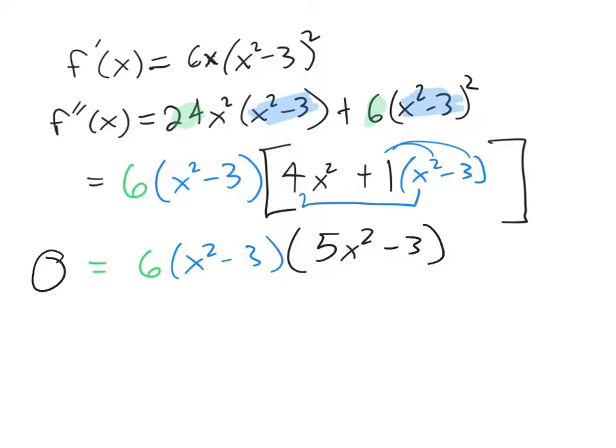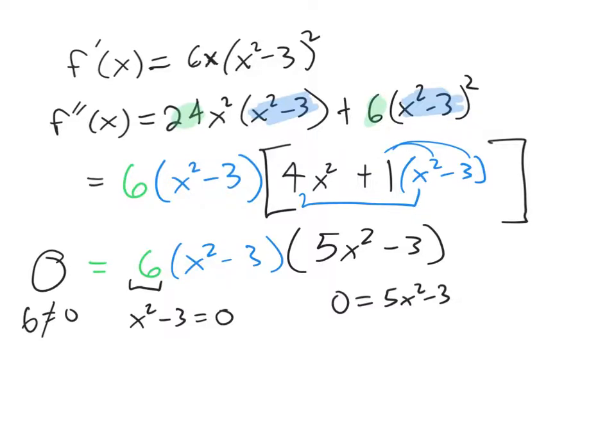All right, so let's go ahead and set the 6 equal to 0. That's one factor. That doesn't make sense, so we cancel that. You set the x squared minus 3 equal to 0 and solve for x there. And I think we already did that upstairs. And then the 5x squared minus 3, you set that equal to 0.